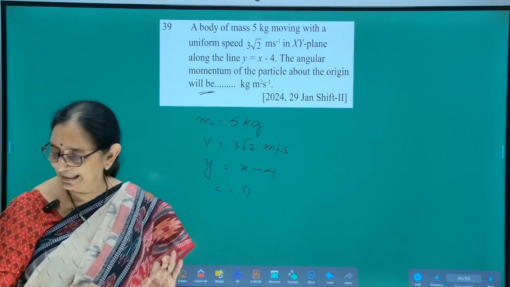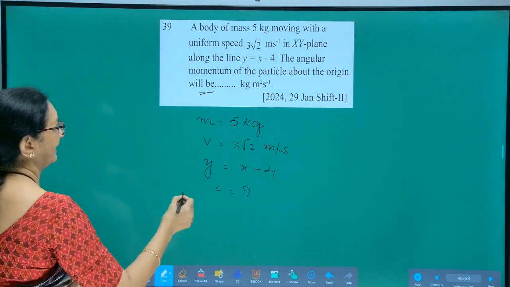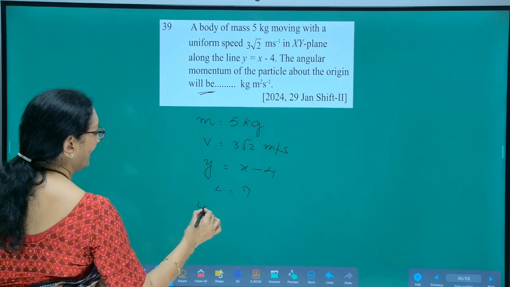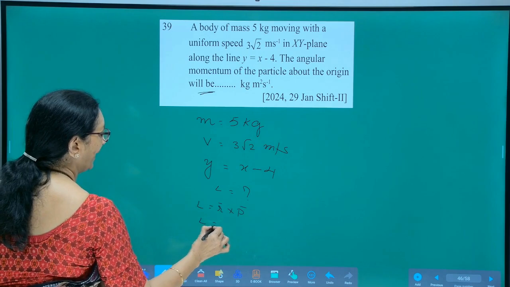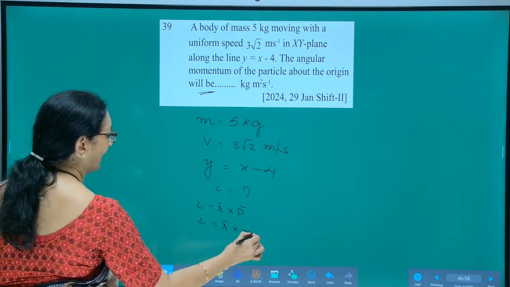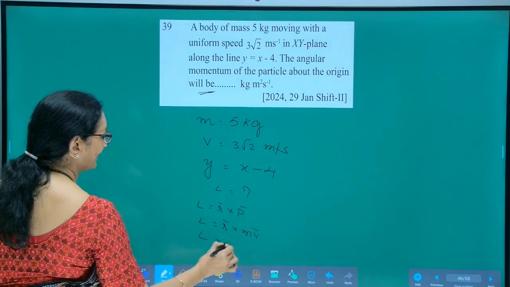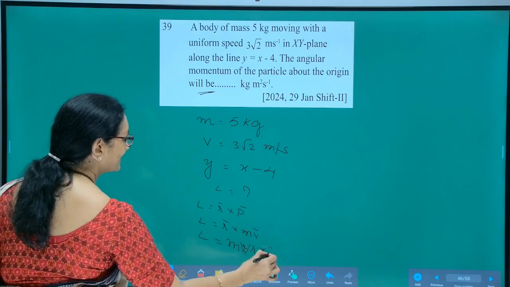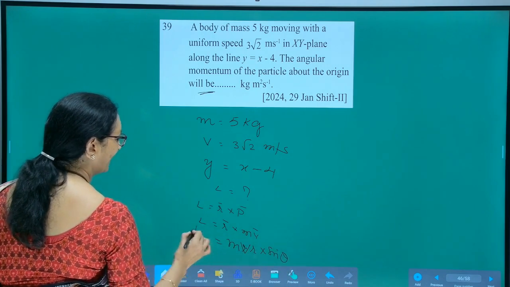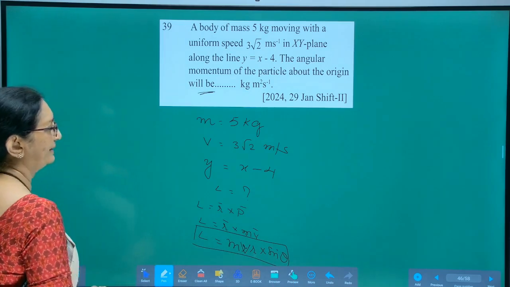Right? See here, the formula for angular momentum is L is equal to r bar cross p bar is equal to m v bar, or L is equal to m v r into sin theta, where theta is the angle between them.